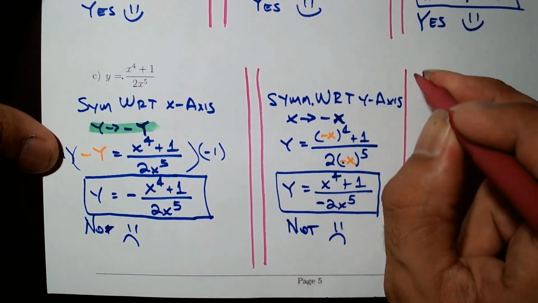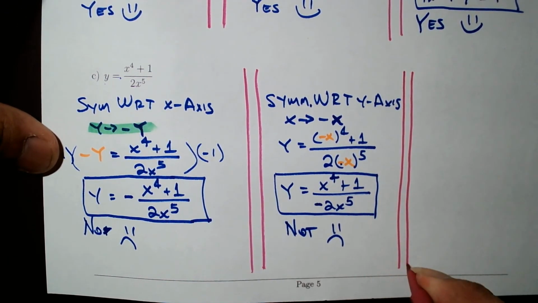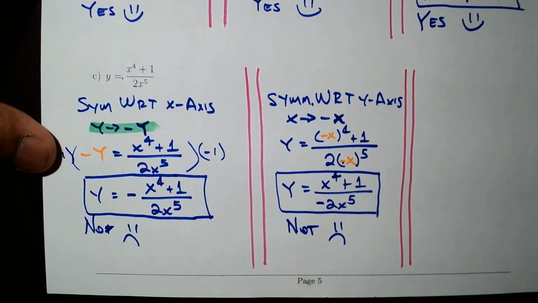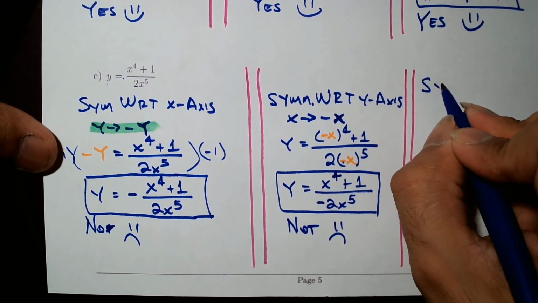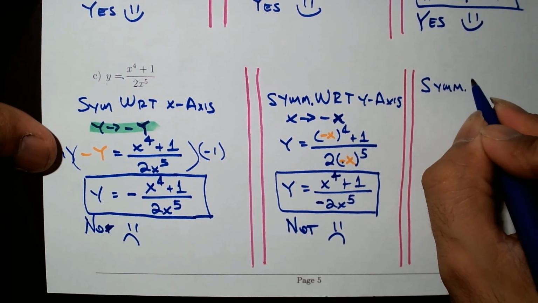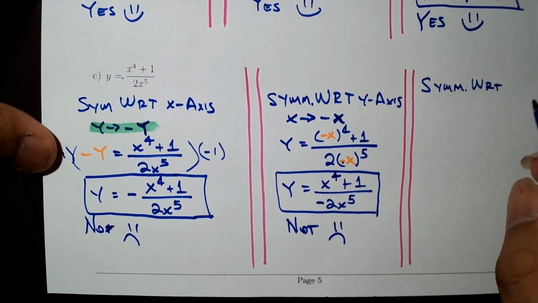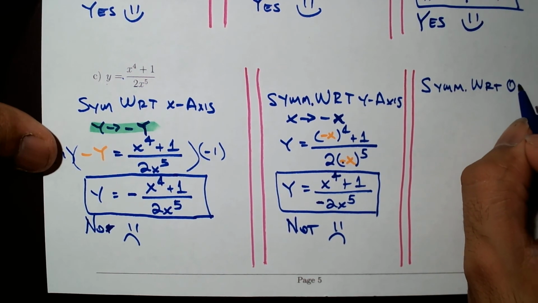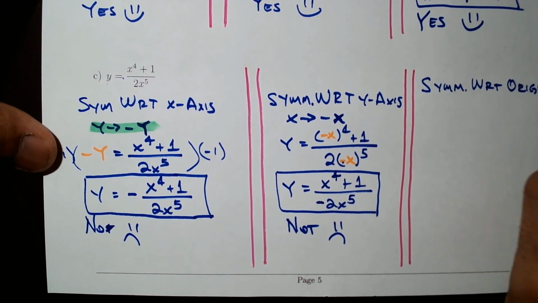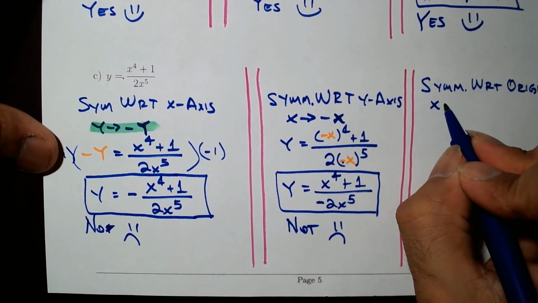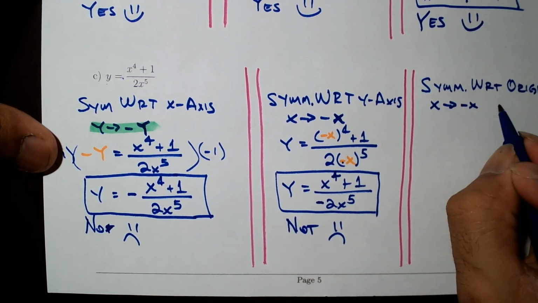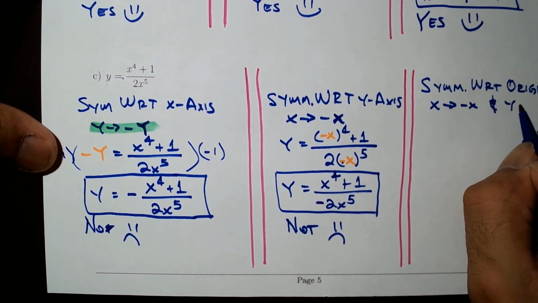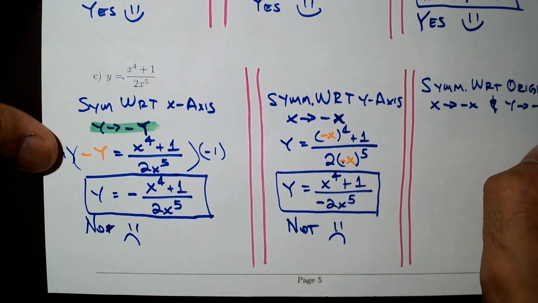Finally, let's check symmetry with respect to the origin. So we replace x with -x and y with negative y.